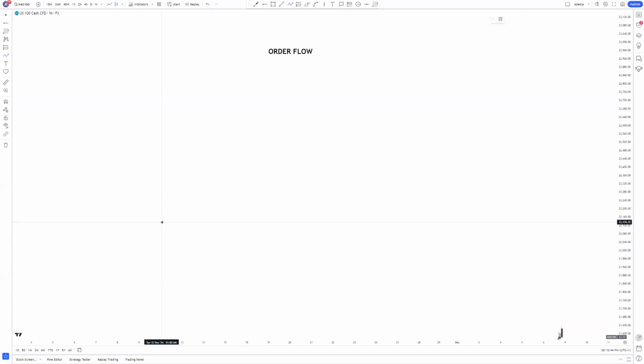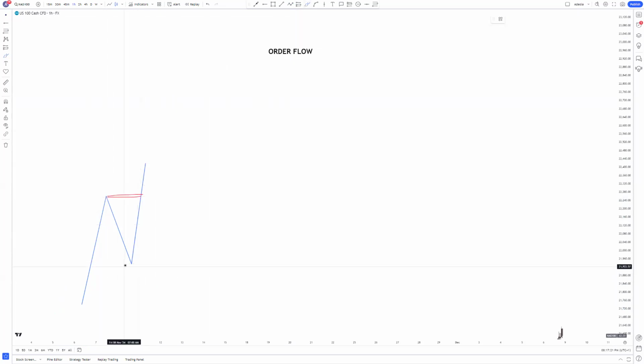You need to understand that whenever liquidity is being grabbed from one side of the market, the next move of price is to come and grab the next liquidity available. Even though price moved like this, we had a pullback. Then we took out the liquidity here, which is in form of external liquidity, which is also a buy side liquidity.